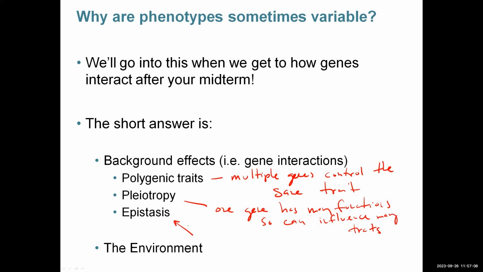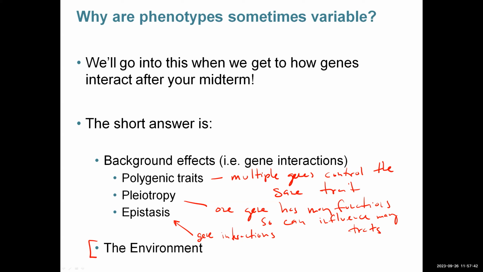And then, of course, genes sometimes interact with each other. And a common form of that is epistasis. On top of that, we've talked about how the expression of genes sometimes relies on changes in the environment. So there are lots of reasons why.